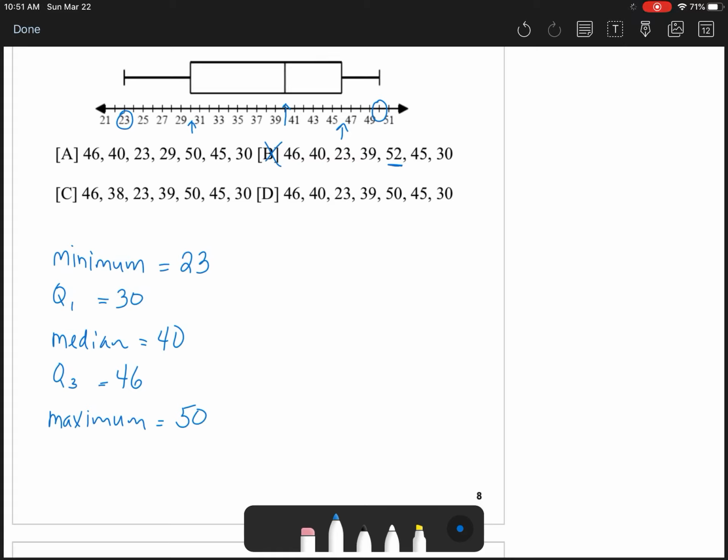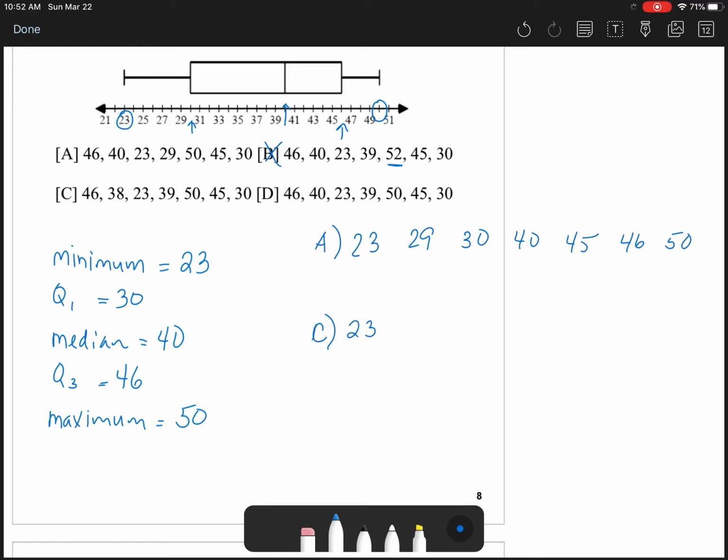If you look at the other three choices left, it becomes a little bit more difficult to just eliminate. So what we would have to do is order each of the numbers from least to greatest in each of the sets. So for A, 23, 29, 30, 40, 45, 46, and 50.